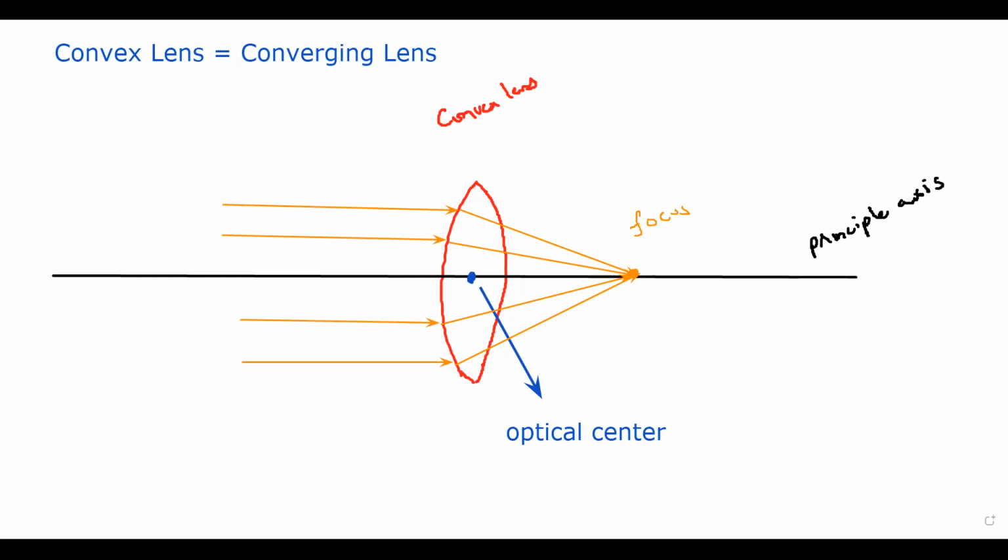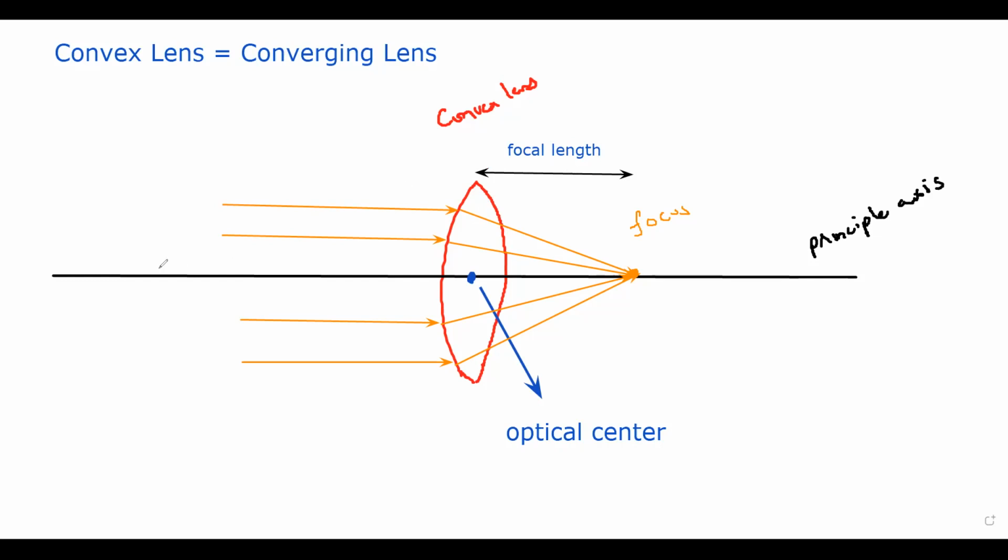And the distance between the center of the lens and the focus, this distance is known as focal length. So whenever you have a convex lens, you should be able to identify these points.